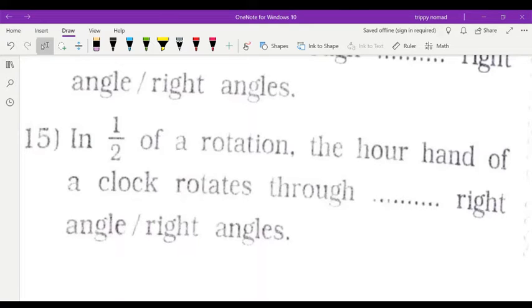Then the hour hand rotates through how many? For the first 1/4 there was one right angle, and for the other 1/4 there will be two right angles in all.